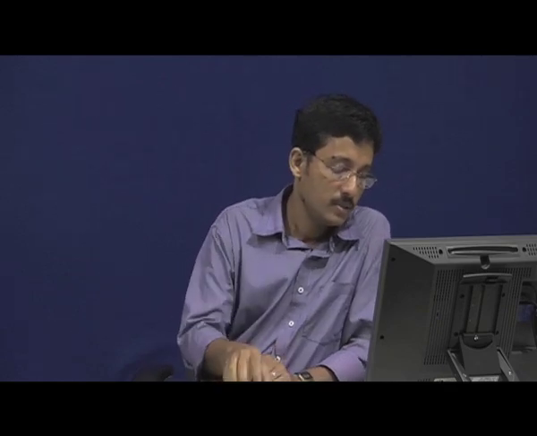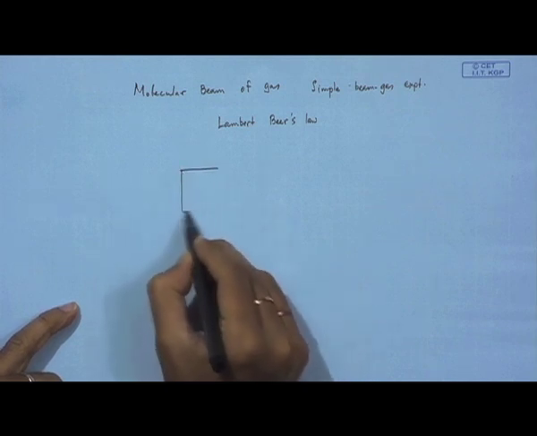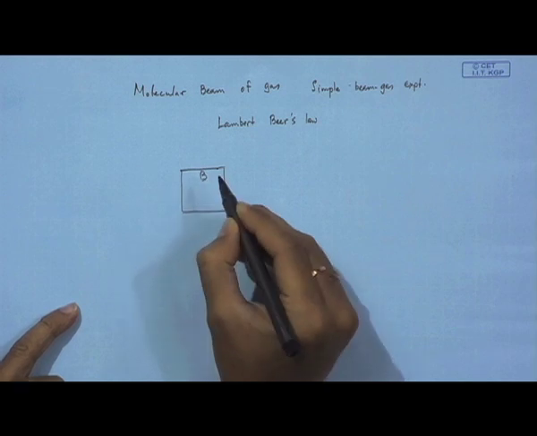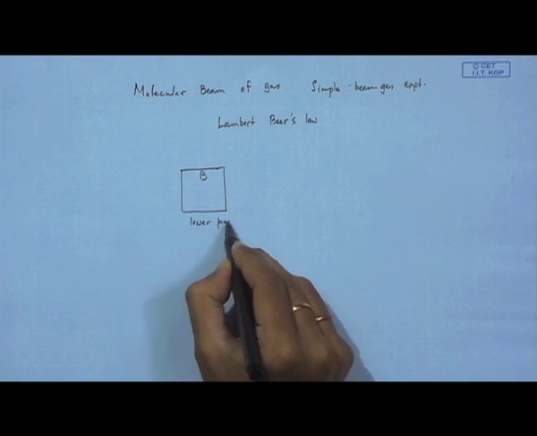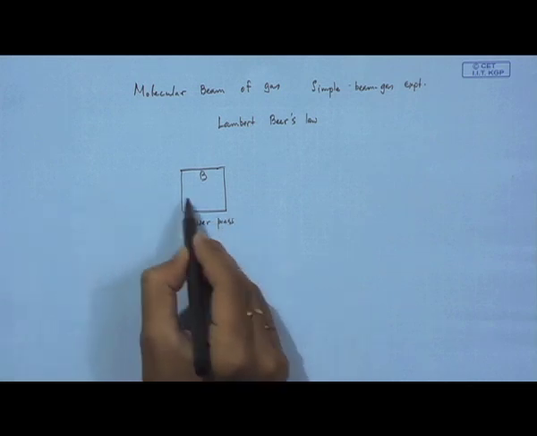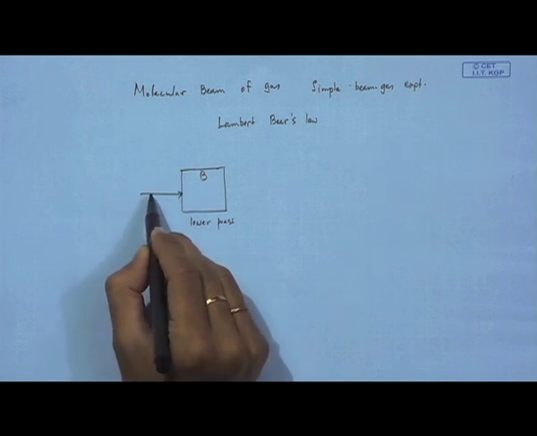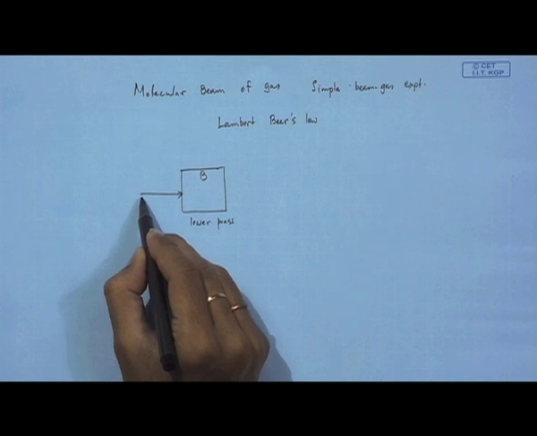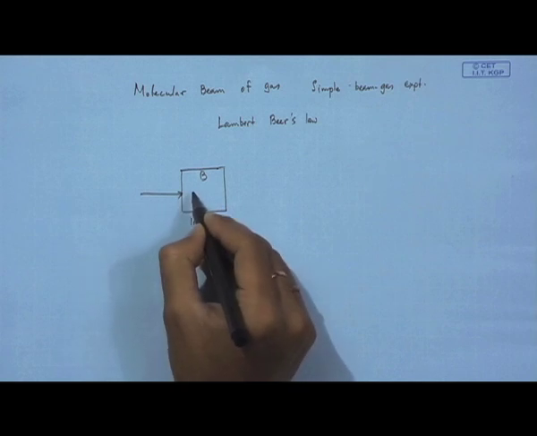Okay, so say this is your reactant B, maybe at lower pressure, and you allow molecules of A to enter here.